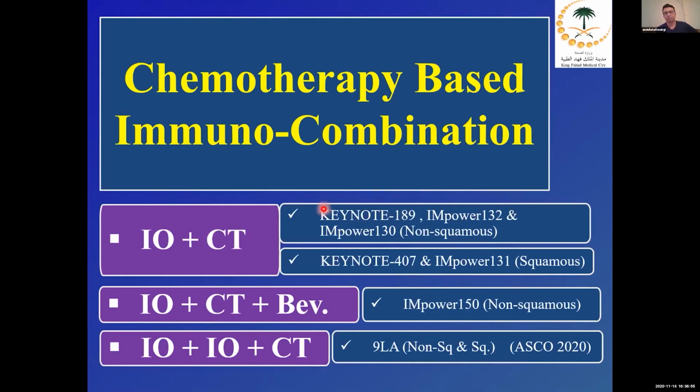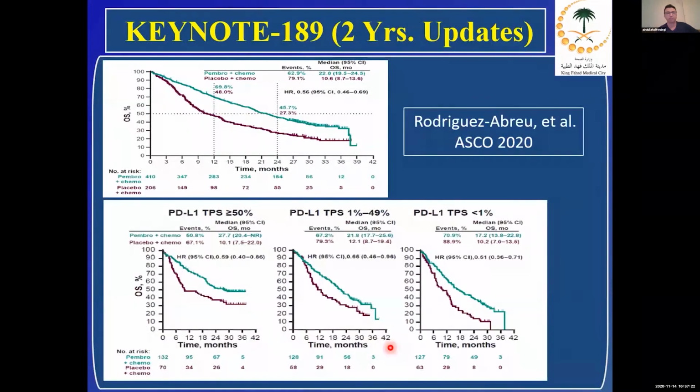The most important one is probably KEYNOTE 189, and also for non-squamous as well as for squamous. We also have a regimen including Beva in non-squamous, which is IMpower 150. And recently we have dual immuno with a few cycles of chemotherapy, as in CheckMate 9LA, which was presented at this ASCO meeting this year.